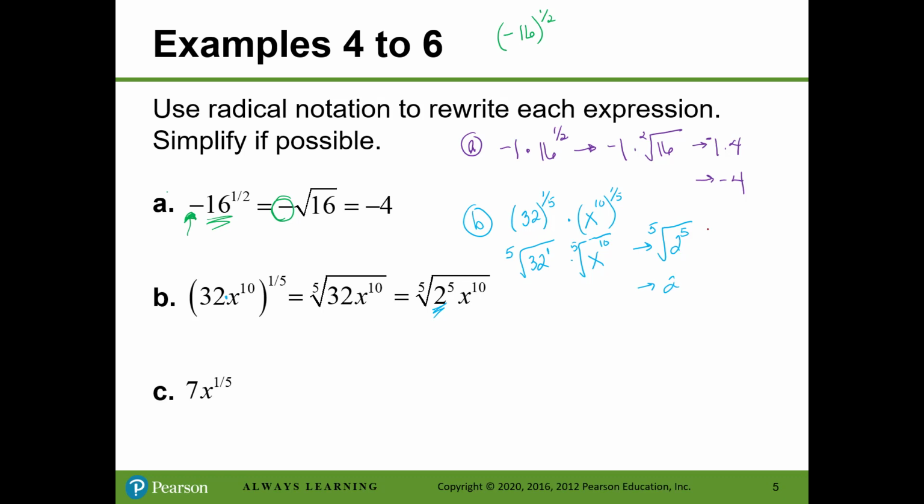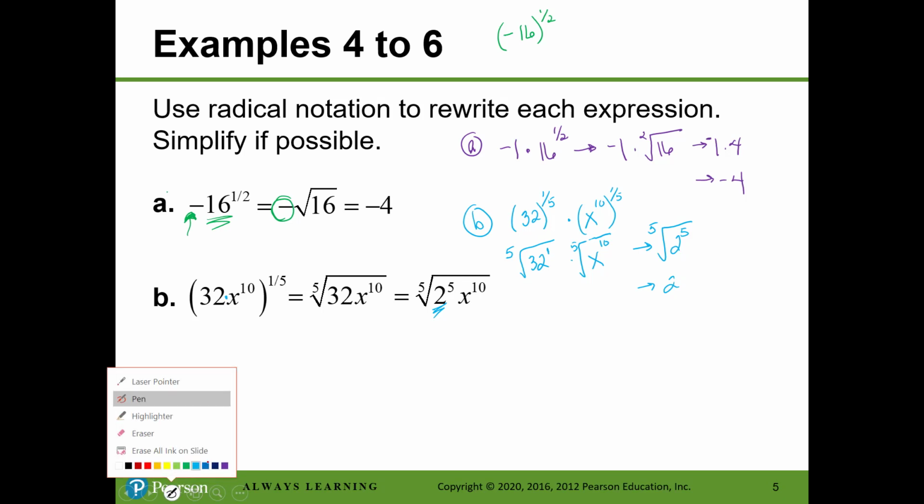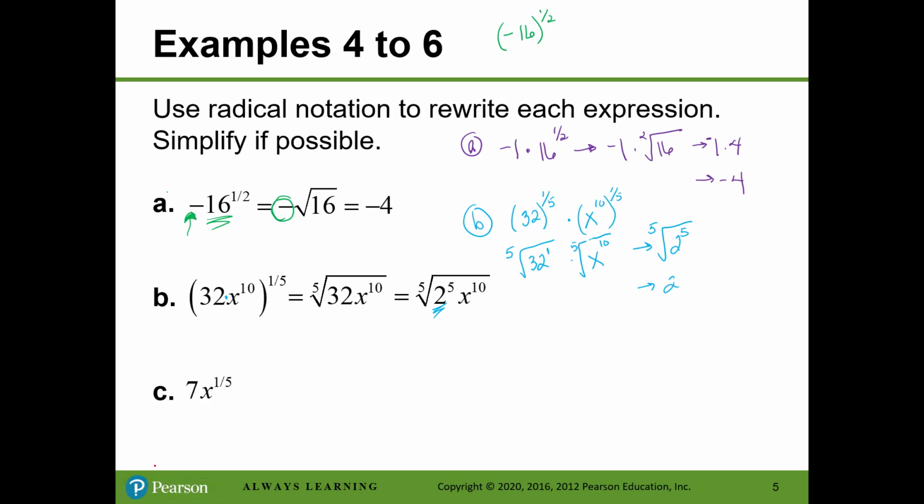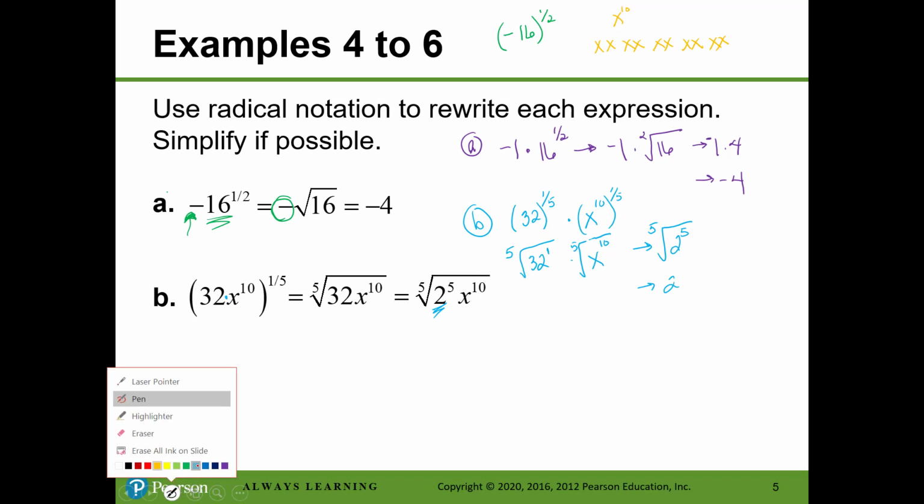And remember, the x to the 10th tells me there are how many x's here? Right, I'm going to write it up top here. So x to the 10th means I have got 10 x's. And for us visual people, it's not a bad idea to write these out till we get the hang of it a little bit better. And since I am talking about the 5th root, that means I need 5 equal pieces.